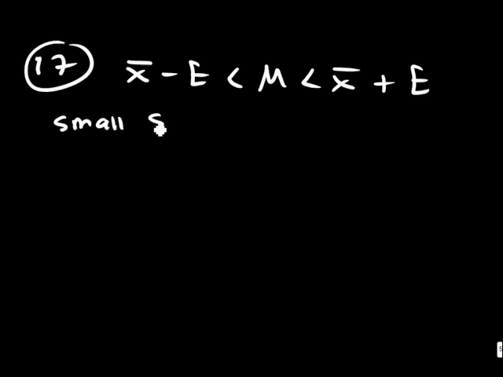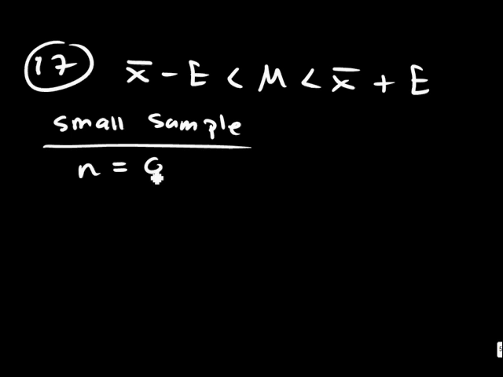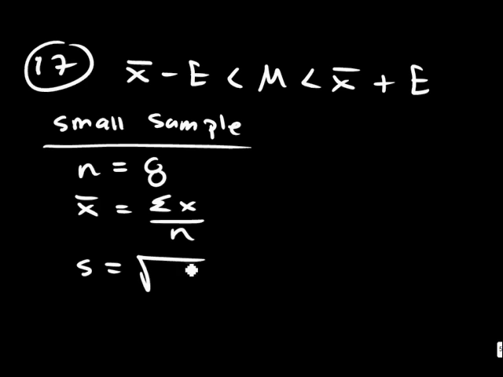There are 8 data values in this sample. We're going to have to compute a mean using the mean formula. We're going to have to compute a standard deviation, knowing it's the square root of variance.